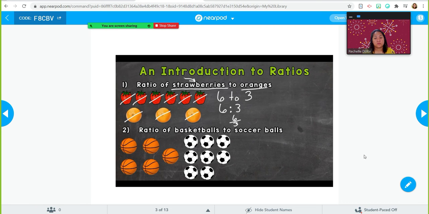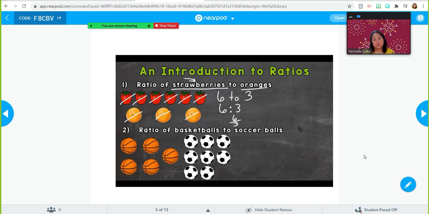Now, just like fractions, when it comes to ratios, you want to simplify the ratio if it applies, and here it does. So we need to find the greatest common factor, or what can divide into both 6 and 3 to simplify here. And 3 is a common factor between 6 and 3, and it's the greatest common factor.